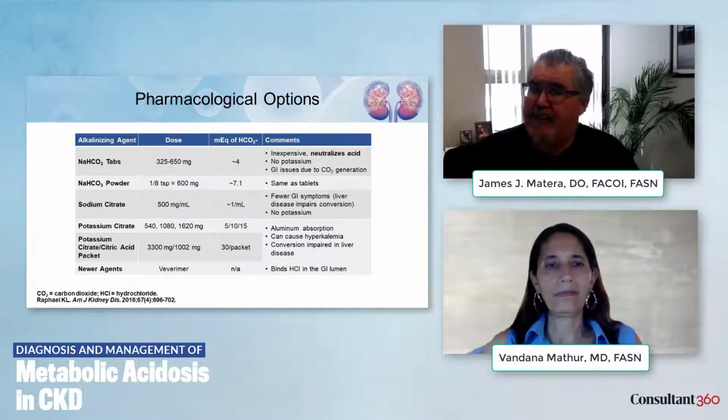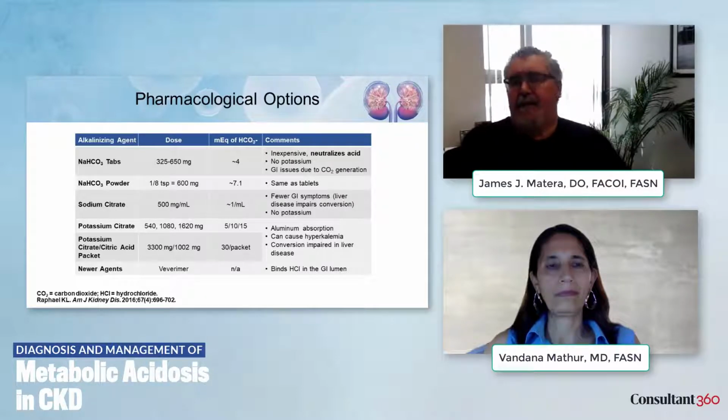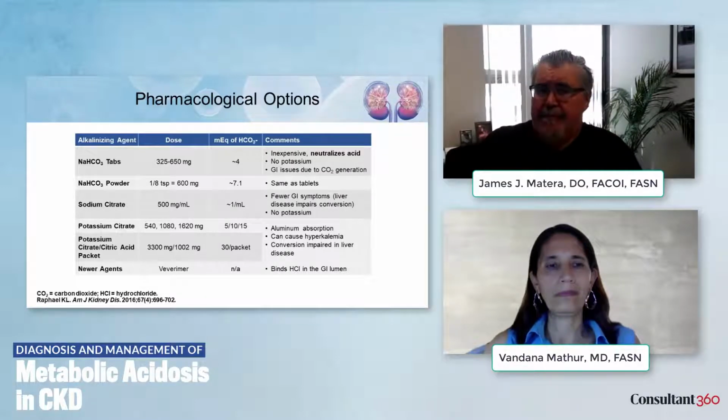We do have sodium citrate available to us as well, which provides about 1 milliequivalent of bicarbonate per milliliter. Does reduce the GI symptoms a little bit, but if anybody who has any type of liver decompensation or liver issues, it can impair the conversion of the citrate and thus be a little bit less effective as a buffer. Also, no potassium in here.